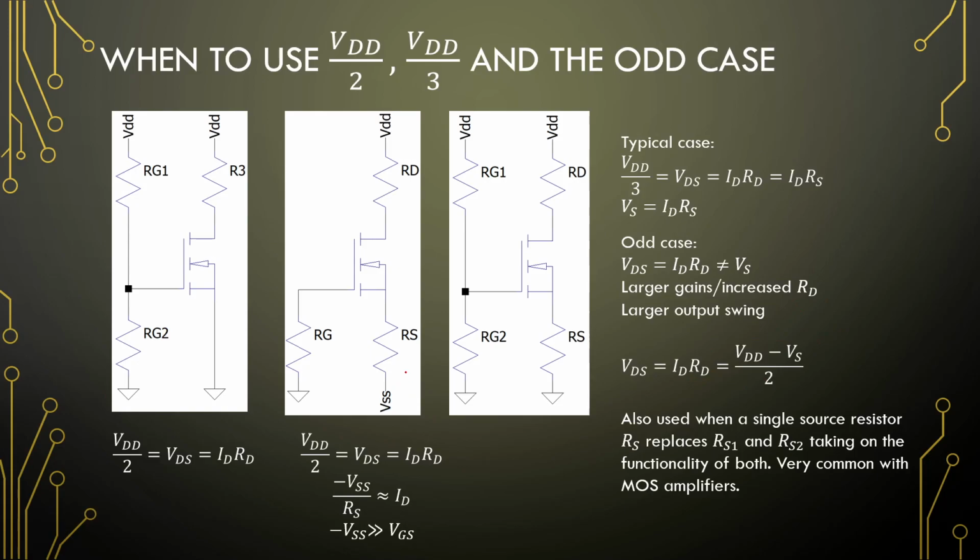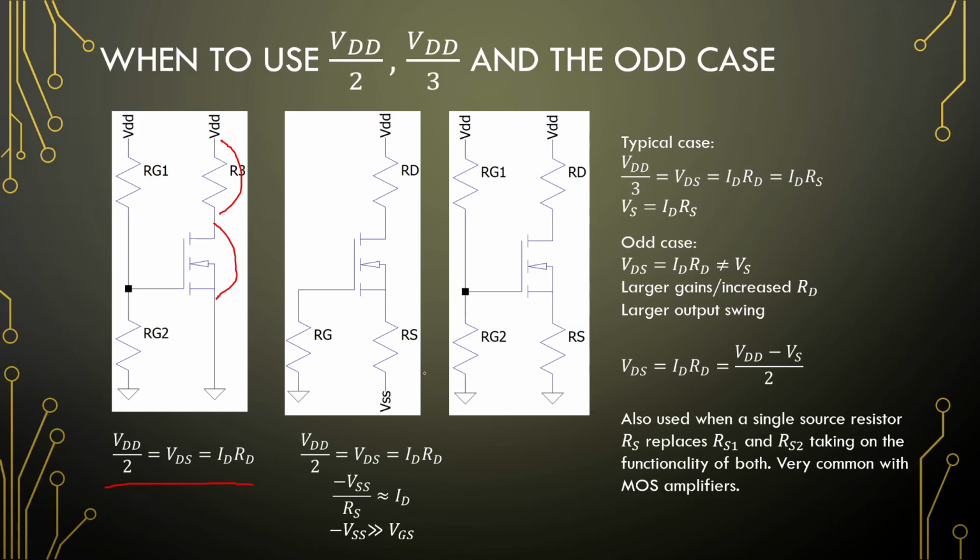Right. Next, when to use VDD over 2, when to use VDD over 3. So, with a single rail bias like this, only have a resistor and a MOSFET, we choose these two voltages to be the same. So VDS and ID RD is equal to VDD divided by 2.